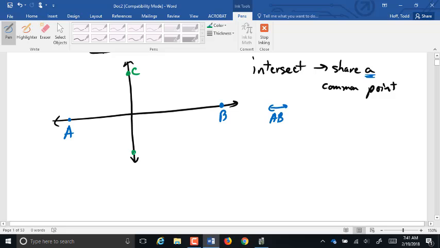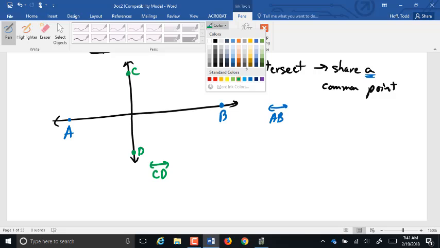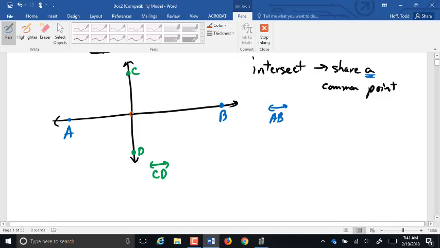I'm going to call them C, D. So that would be line CD. That little symbol above it that looks like a tiny little line is the line indicator, of course. Let's put in the point here. I'm going to call that point F. They intersect at point F.